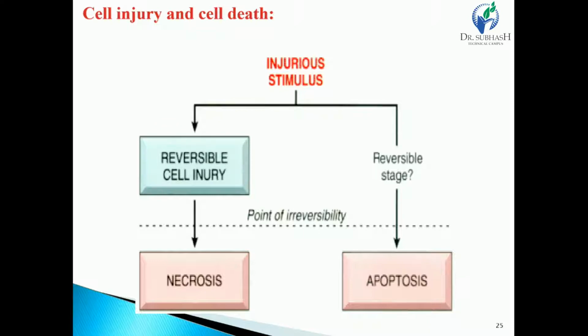Because of that cell injury, the cell may suffer, resulting in certain changes in its metabolic activity, involving its internal as well as external environment. In general, cells of the body have built up a specific mechanism that deals with changes in the environment, but up to an extent only.